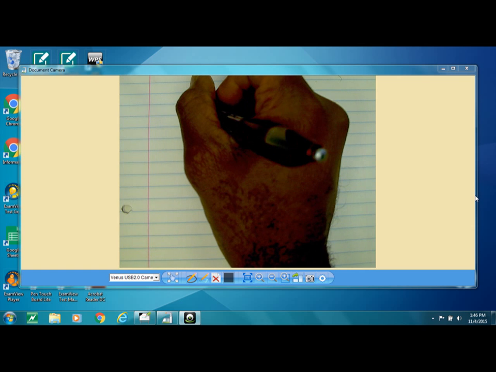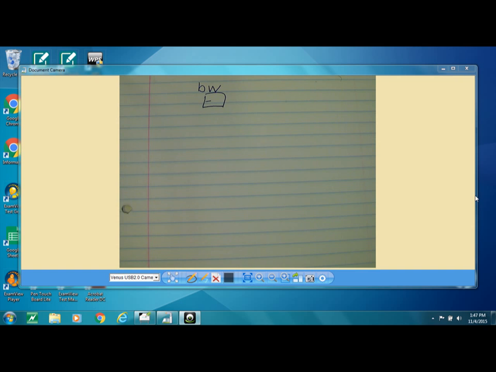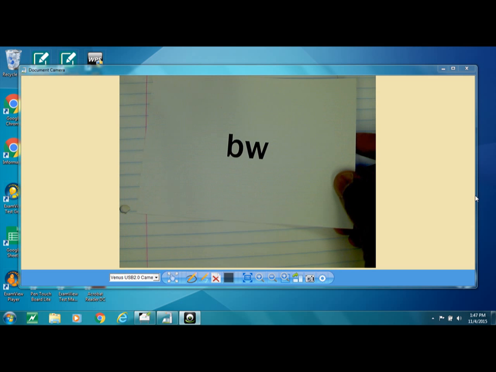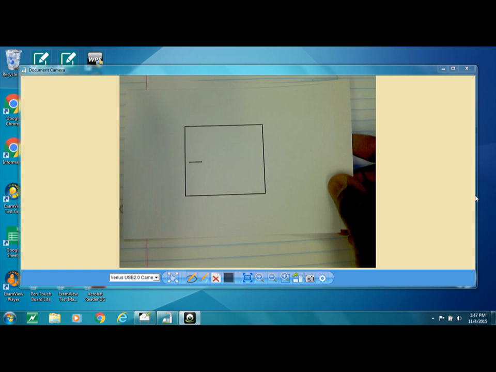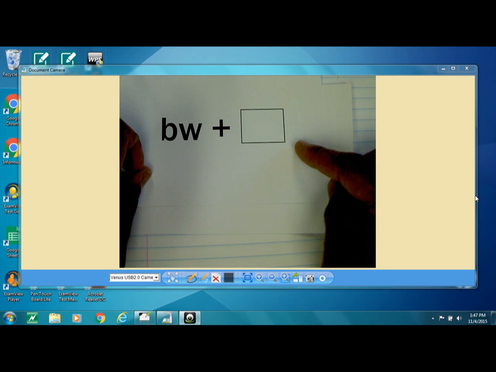A suffix is a letter or letters added to the end of the base word to change its meaning, its form, or its usage. A base word plus a suffix is called a derivative, okay?